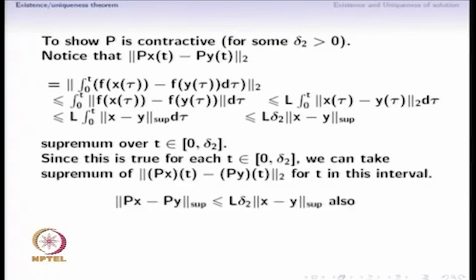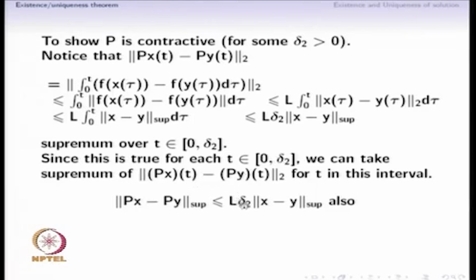So, what have we obtained? We have obtained that the 2 norm of p of x at time t minus p of y at time t is bounded from above by some quantity that is independent of time t, and this is true for each time t in the interval 0 to delta 2, and hence we can take the supremum of this quantity.